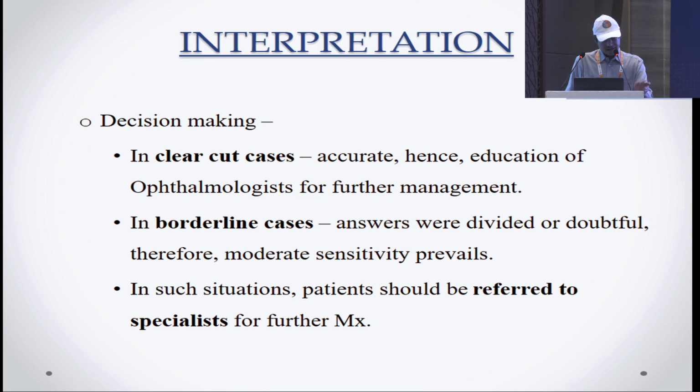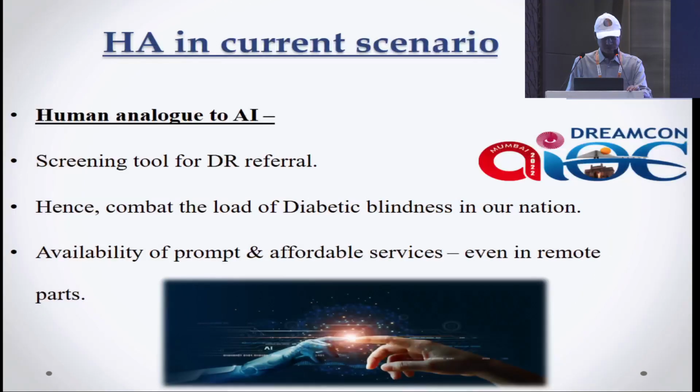As I said before, in clear-cut cases, everyone knows what to do. In borderline cases, rather than considering vision-threatening diabetic retinopathy, we should consider more than mild diabetic retinopathy, and this would increase our positivity rate and also the referral capacity of the ophthalmologists.